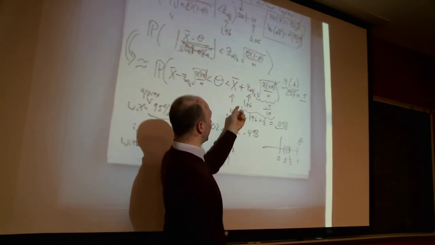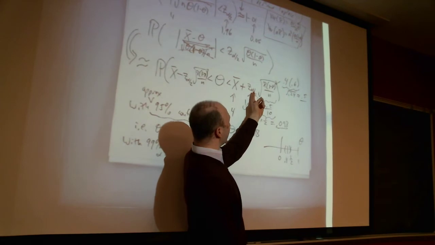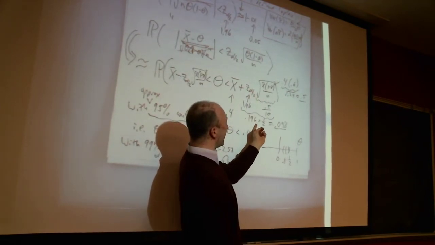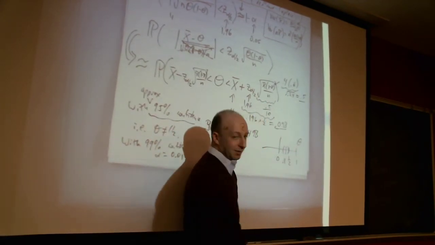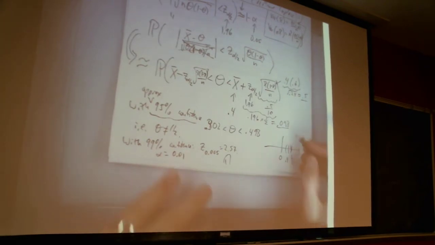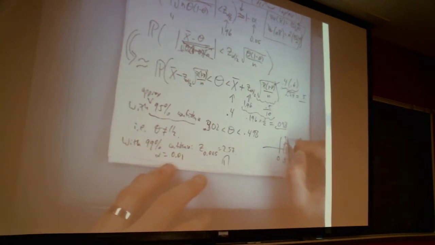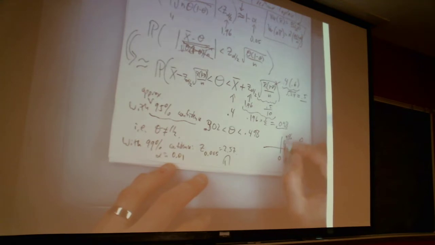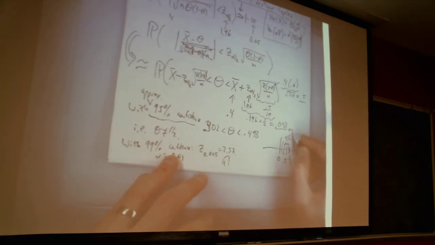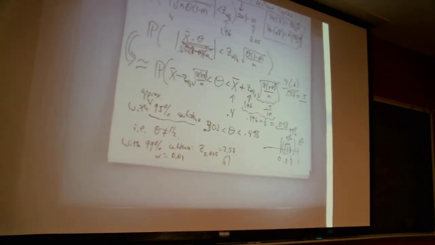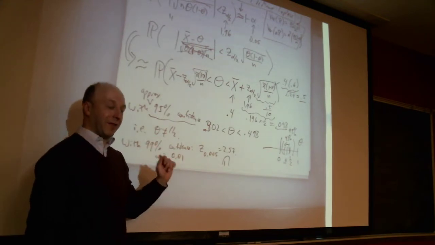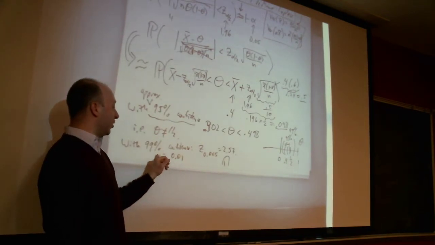It has no choice but to be centered around 0.4. But once I want 99% confidence, this number goes up and the interval widens. So this was our 95% range. But once you go out to 99%, you cannot be 99% certain after 100 flips getting 40 heads that your coin is unfair.